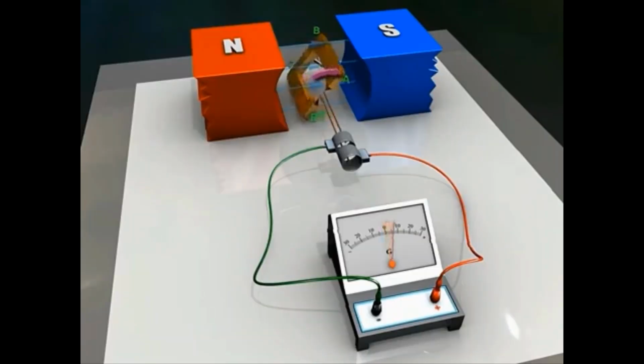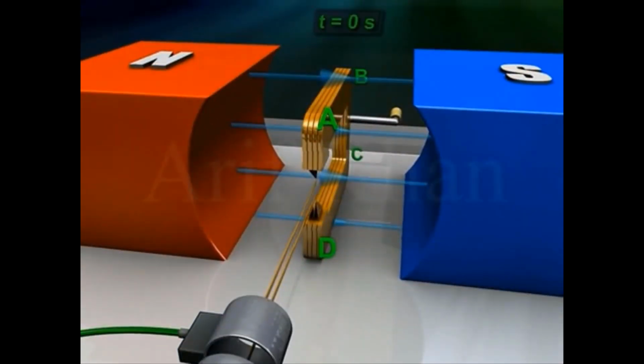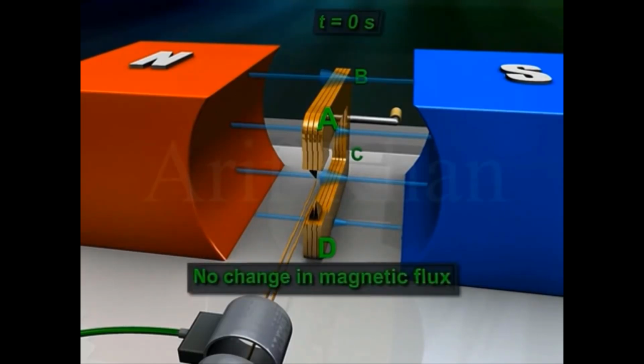Suppose the armature takes t seconds to complete one rotation clockwise. At time t is equal to 0 seconds, the armature ABCD is vertical with arm AB up and arm CD down. At this position, when the armature rotates, the rate of change of magnetic flux is momentarily zero.